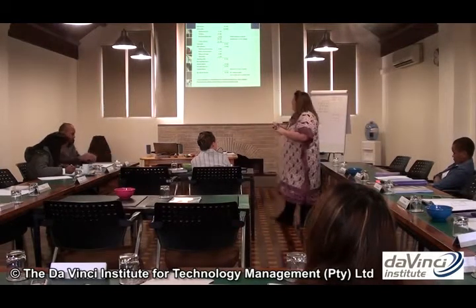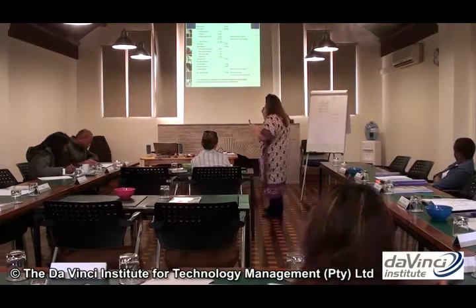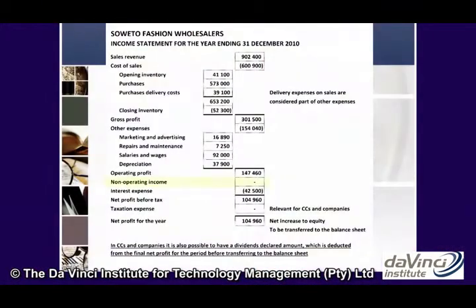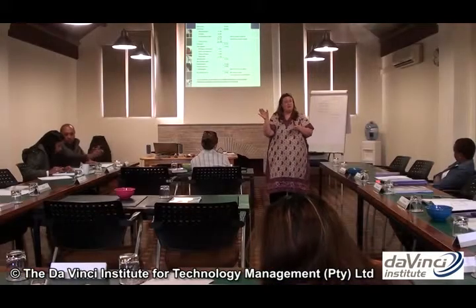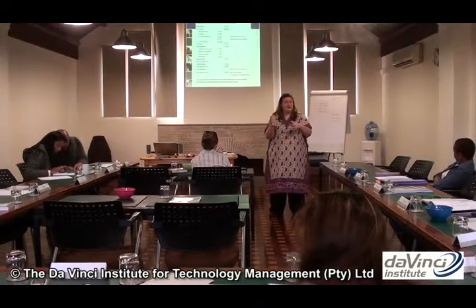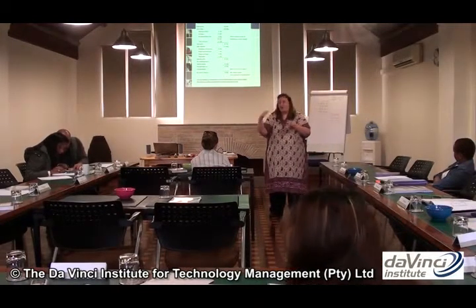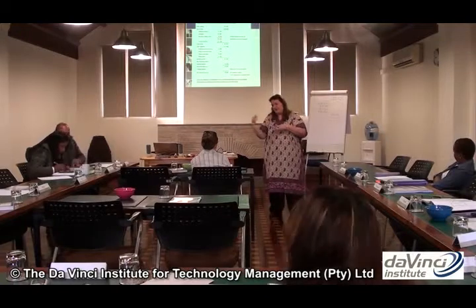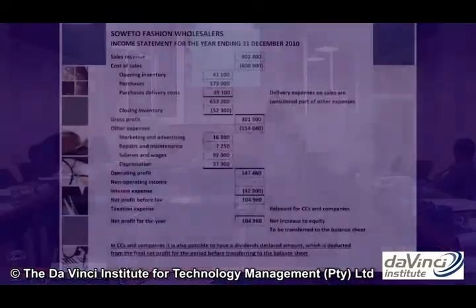Now, the interesting thing is after that, you can add non-operating income. In fact, some income statements don't necessarily do this. If there's non-operating income, they would just say other income after gross profit, without bothering whether it's non-operating or operating, and then after that they take off other expenses, and they would still call it operating profit.